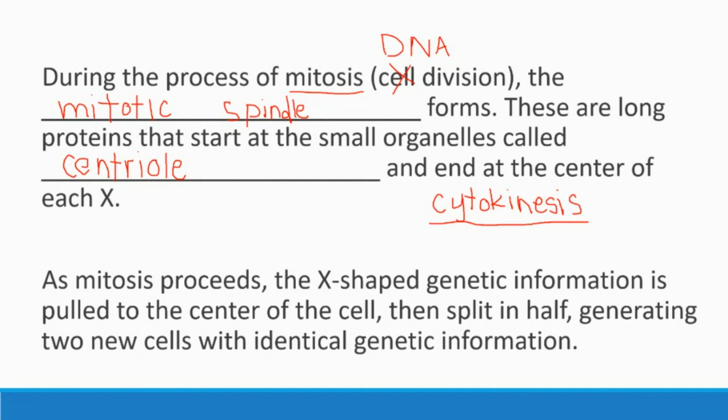So hopefully that helps you with some of the terminology of the process of mitosis. We will use a lot of these terms as we start going through and looking at the phases of mitosis. So hopefully this brief description of what happens helps you out as we start using those terms more specifically.